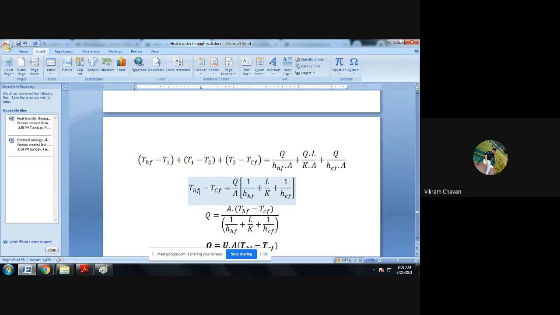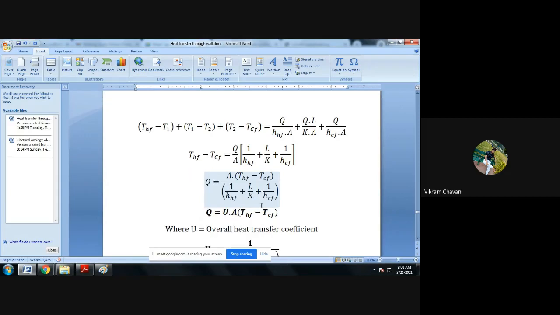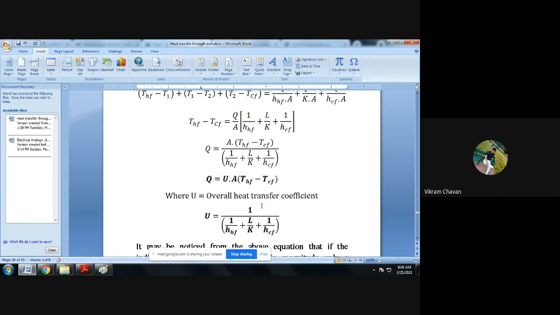Once we convert that equation into heat transfer rate, the 1 upon the whole bracket will be equal to U, which is the overall heat transfer coefficient.